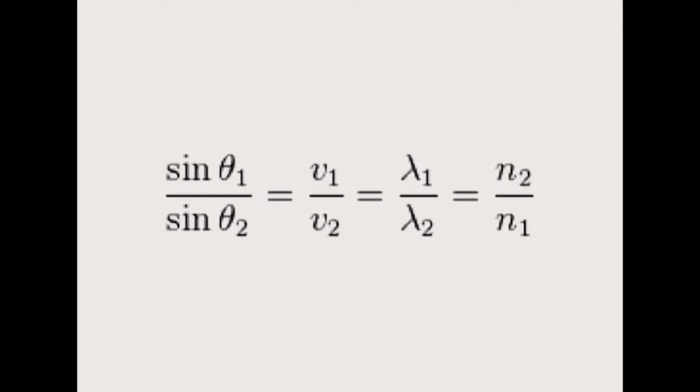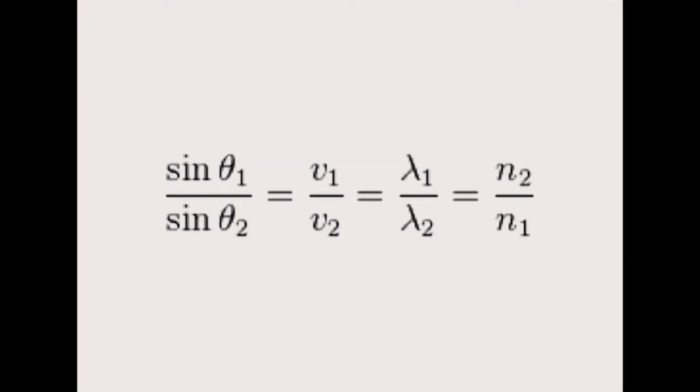That is, sin θ1 / sin θ2 = v1 / v2 = λ1 / λ2 = n2 / n1, where each θ is the angle measured from the normal of the boundary, v is the velocity of light in the respective medium, λ is the wavelength of light in the respective medium, and n is the refractive index of the respective medium.